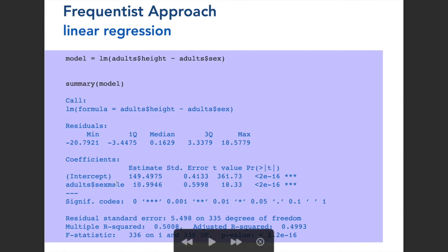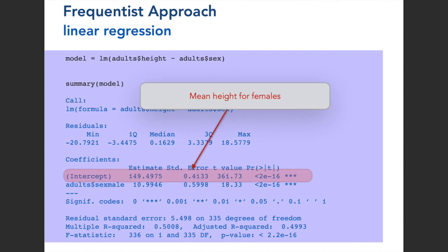Remember, we have 2 levels in our category, females and males, and females were assigned the value 1 and males were assigned the value 2. So this intercept here is actually the mean height for females. Again, R just does this by default. So this is the intercept for females, the mean height for females.